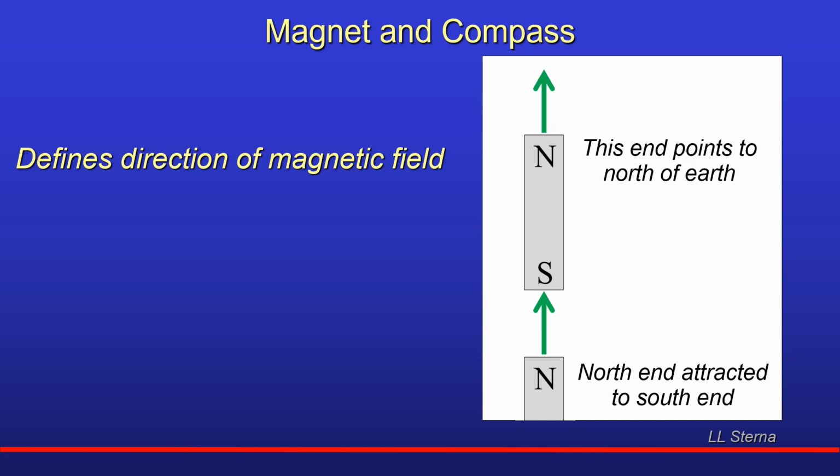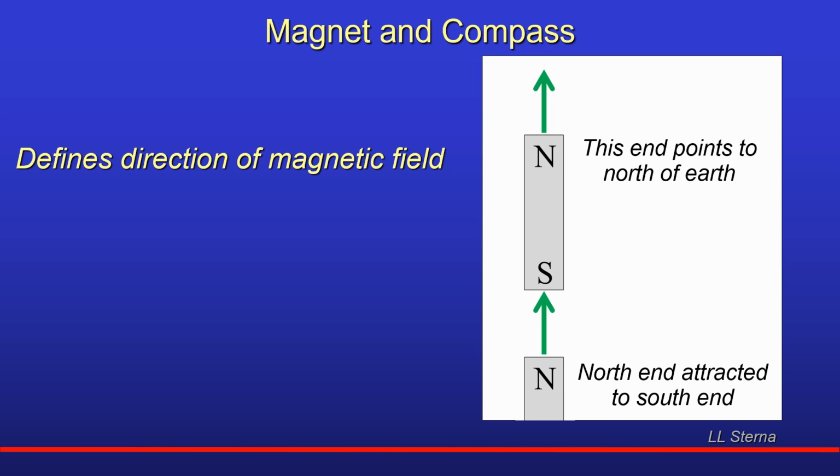It was also discovered if you have 2 bar magnets that the north end of one magnet will be attracted to the south end of the other magnet. Very interesting, because it was Gilbert who understood that the Earth is a giant magnet with its own magnetic field.